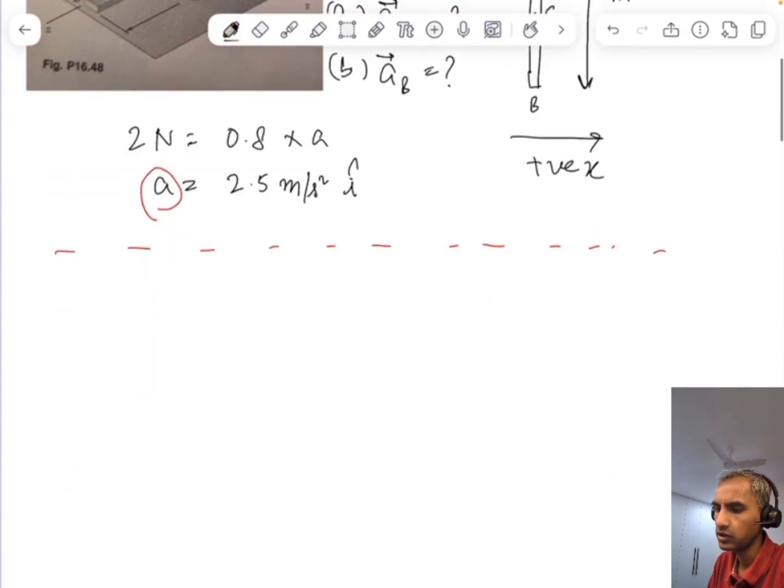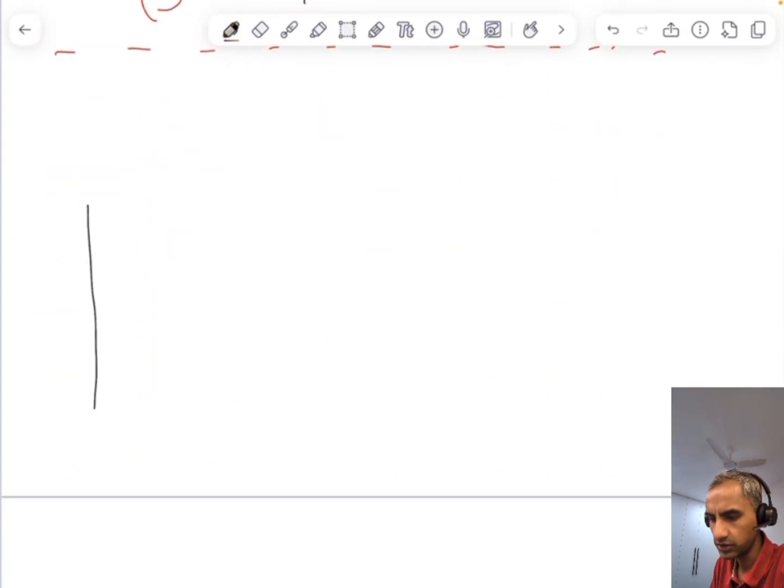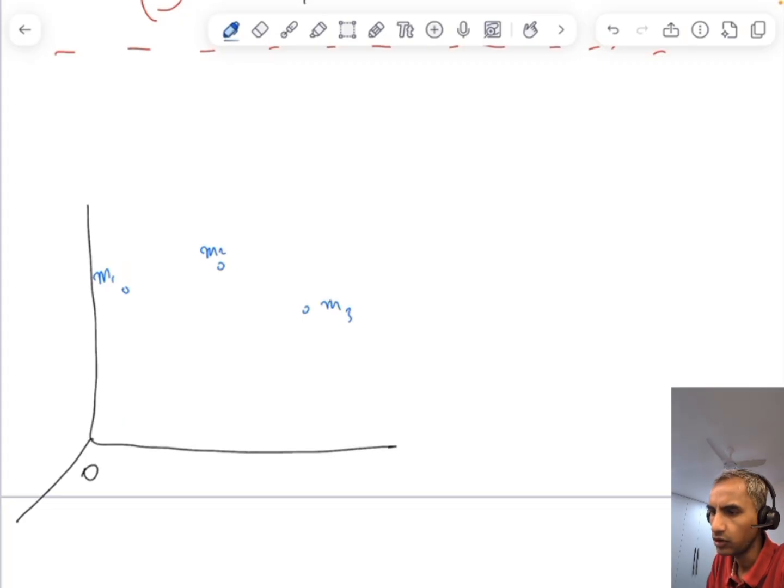Okay. So if we have a system of particles like so, this is an XYZ reference frame. Let's make some particles over here quickly. We have M1, M2, M3, on which we apply forces F1 vector, F2 vector, and F3 vector.